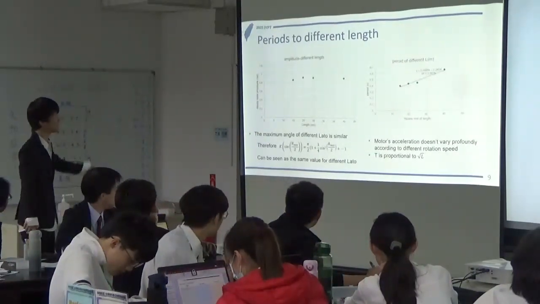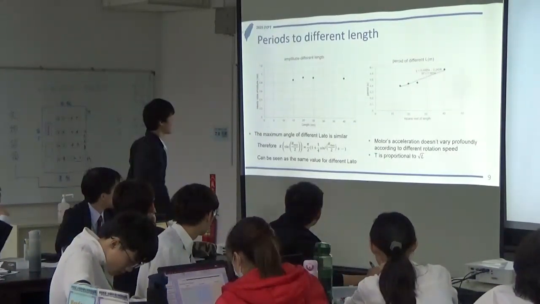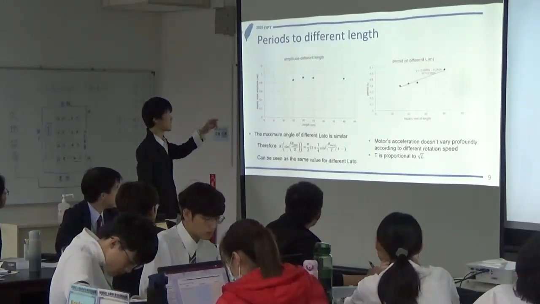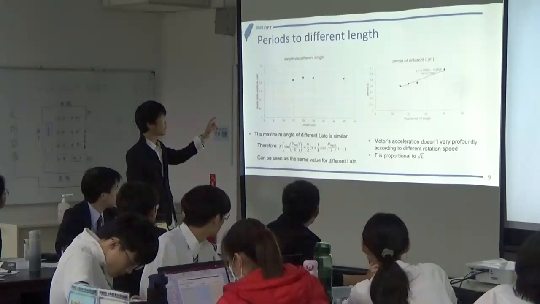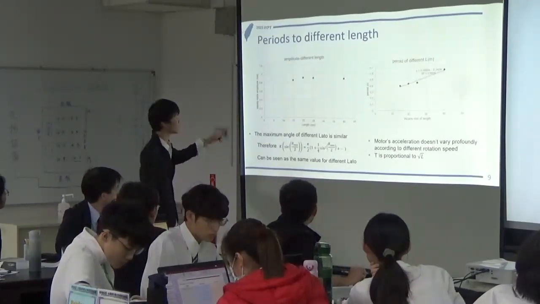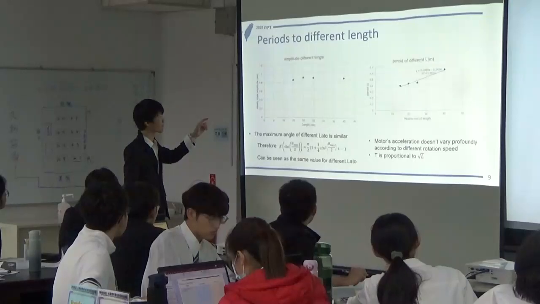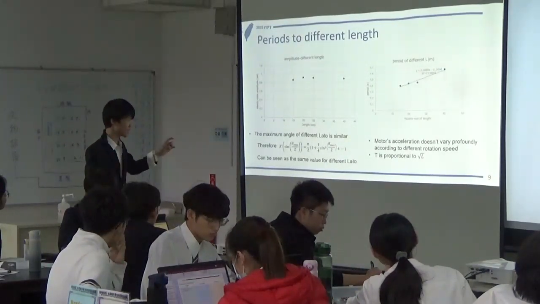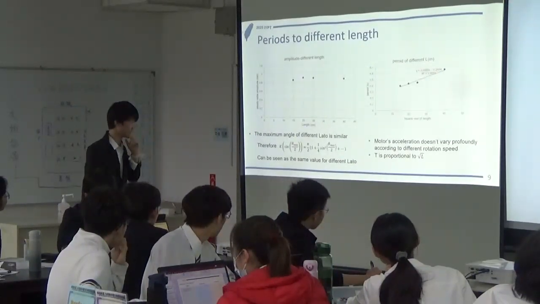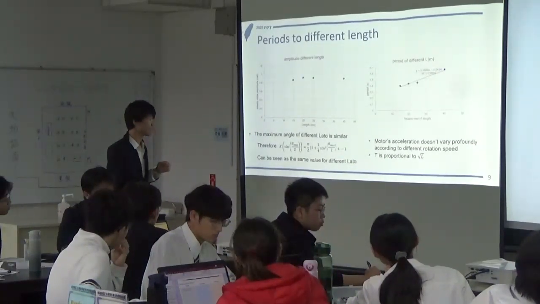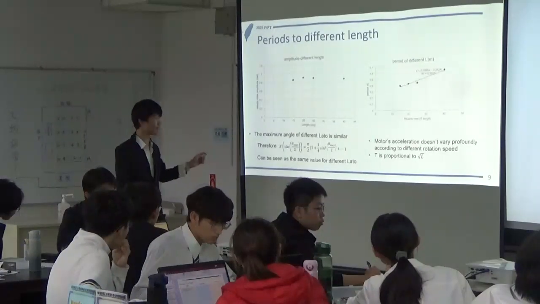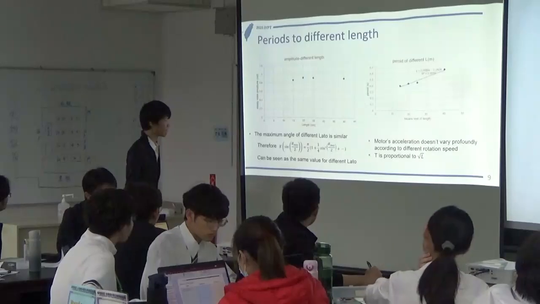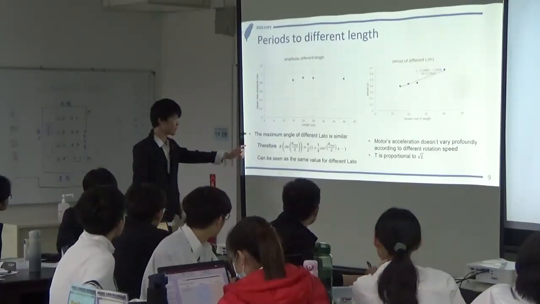Then the periods for different lengths. We can see that for the steady state amplitude, the amplitude isn't affected by its length. That is, the maximum angles of different Latos are similar, because of our theory.